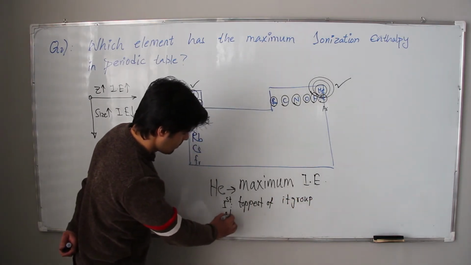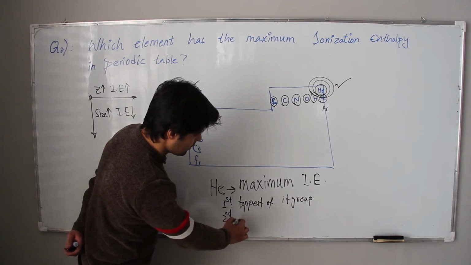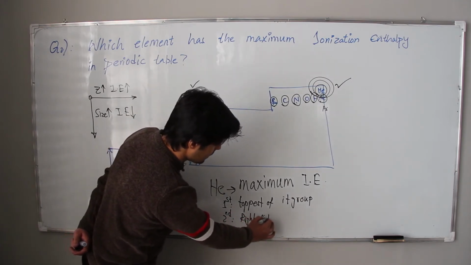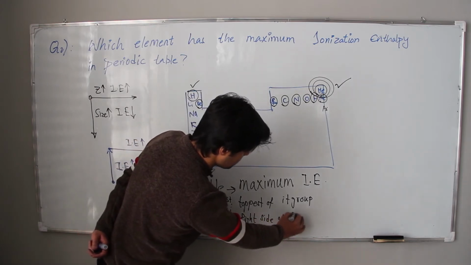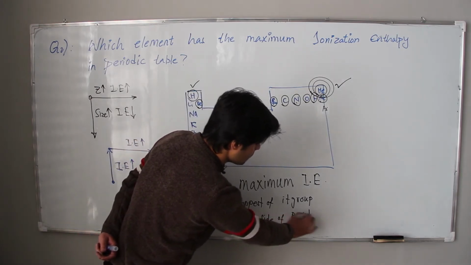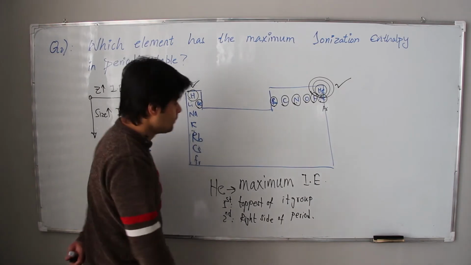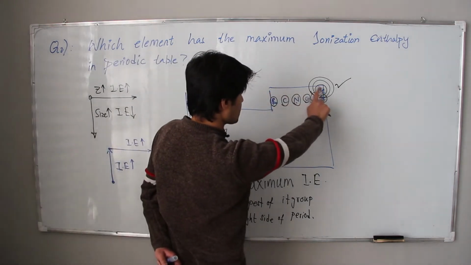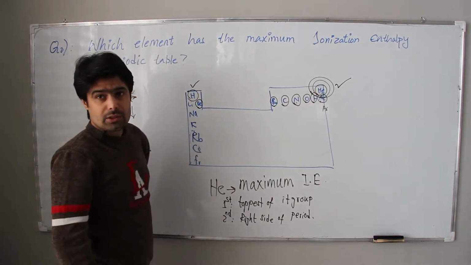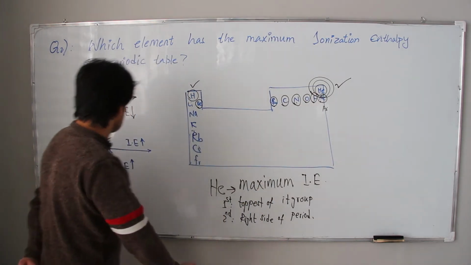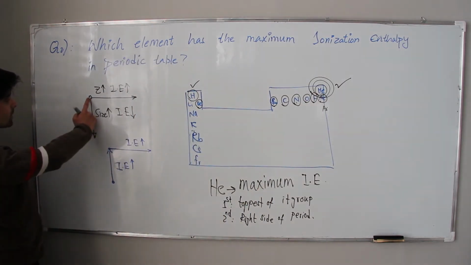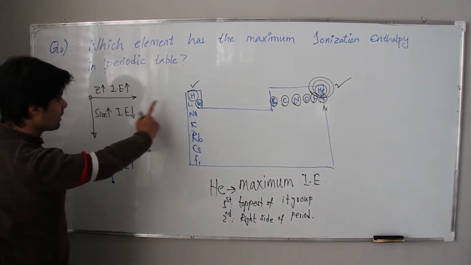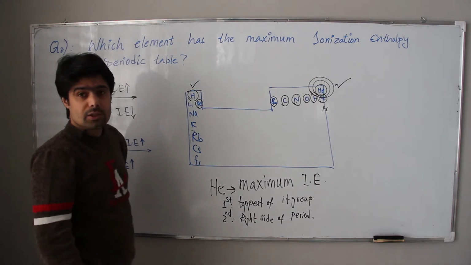Second, it is on the right side of the period. The topmost elements in the groups have the maximum ionization enthalpy. And also, if we consider the period, the right side has more ionization enthalpy.